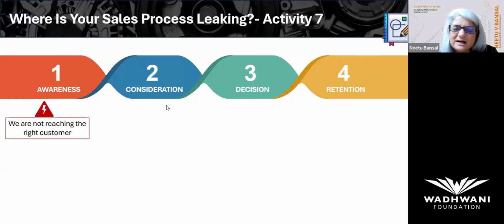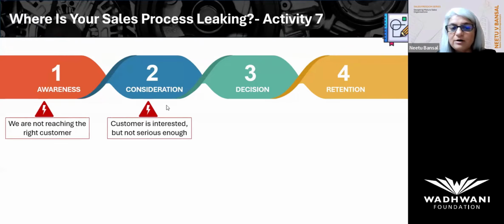If you remember the first thing that we did, where is your sales engine breaking? Same logic here, but instead of looking at the entire engine as one piece, we're breaking it down into stages. Are we not reaching the right customers? Is that where our challenge is? Or the customer is interested but not yet serious.